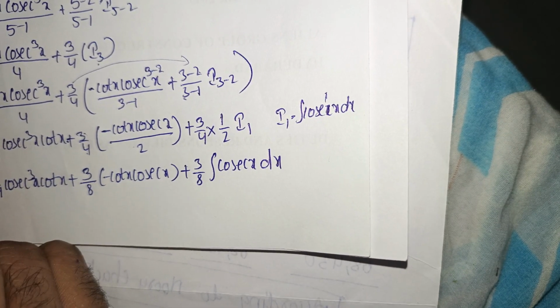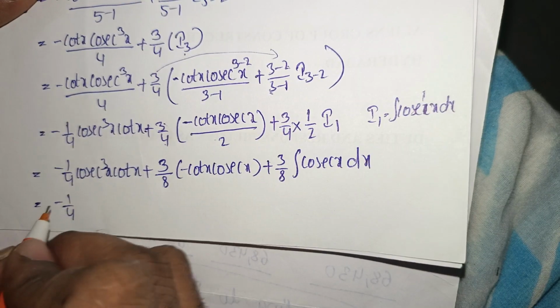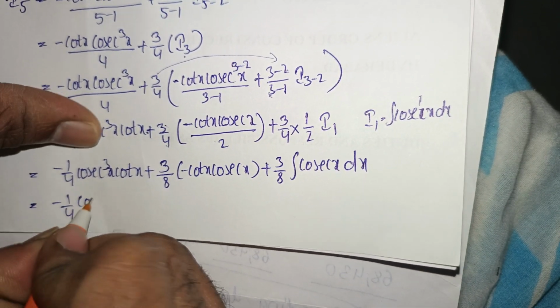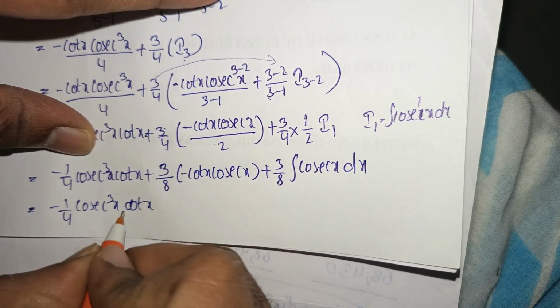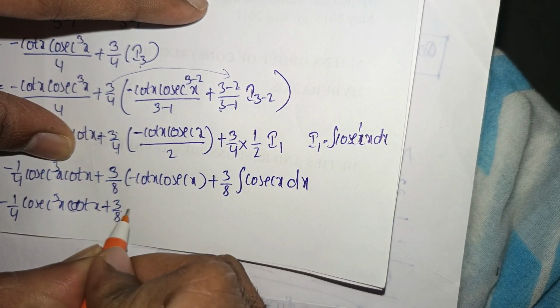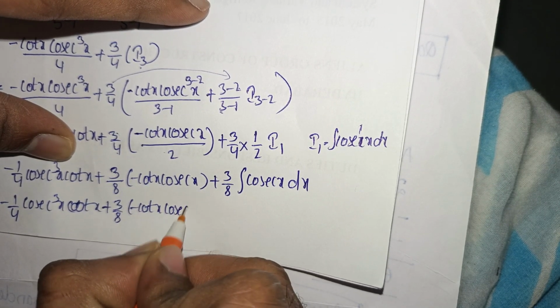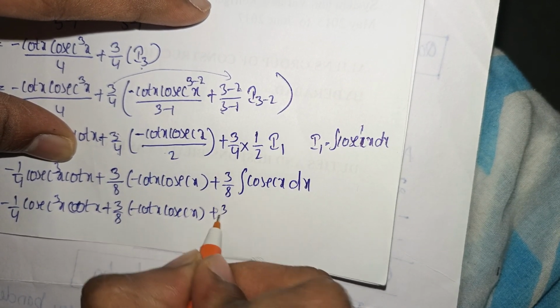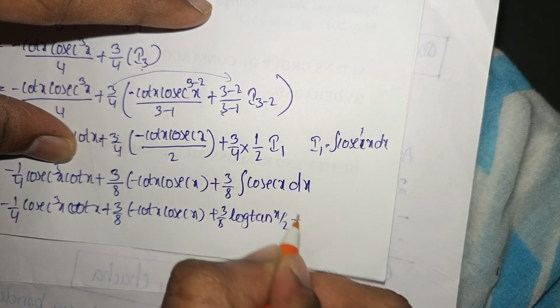So what we get here is minus 1 by 4 cosecant cube x cot x plus 3 by 8 minus cot x cosecant x plus 3 by 8 log tan x by 2 plus c.